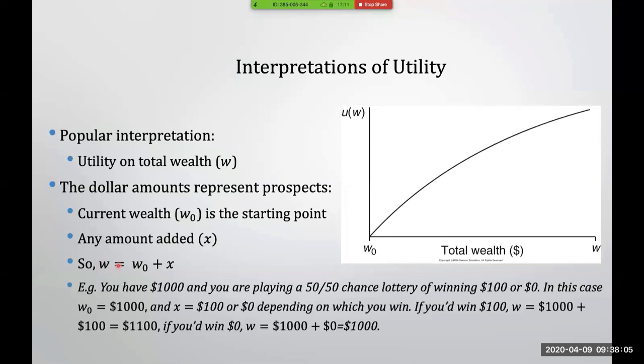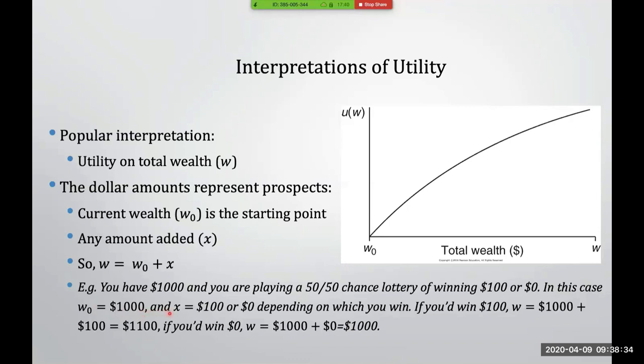So here's an example. Suppose you have $1,000 to begin with. That is what you own before a certain decision situation. Now you're facing a half chance lottery between $100 and $0. In this case, W0 refers to your initial wealth, the wealth that you started with before you played this lottery. That is $1,000.